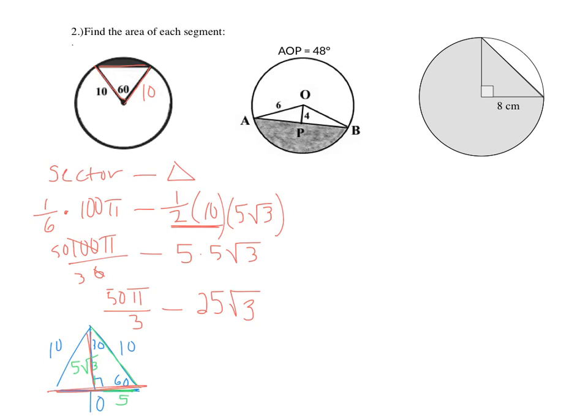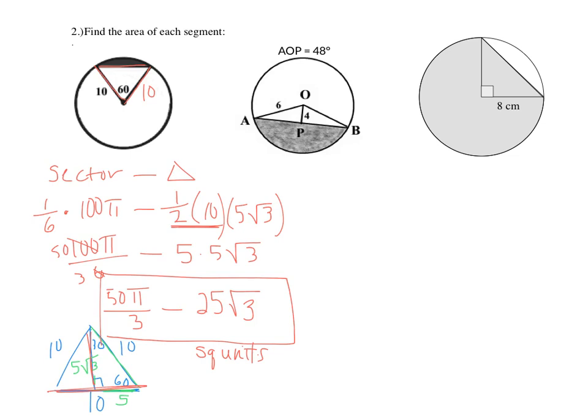And this is how your answers are going to often look for segments, because you've got pi in one half of your problem where you're finding the sector, and you might have a radical sometimes in the right hand of the problem for the triangle. So this is my area, and I didn't have a unit on this one, so we could just say square units. I forgot to put a label on that, but that's okay. So it's 50 pi over 3 minus 25 radical 3 square units.